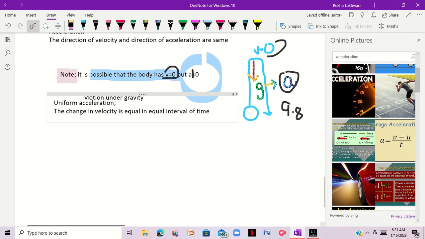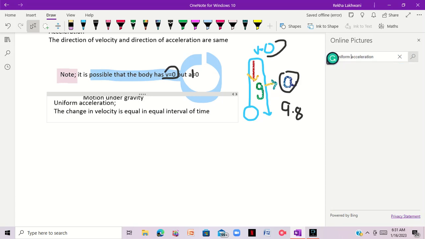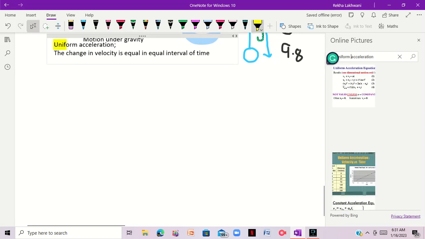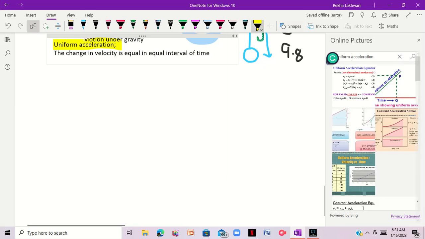Let's have the graph of uniform acceleration. Okay, you can see over here we are talking about the uniform acceleration. Now let's see if we have any graph.